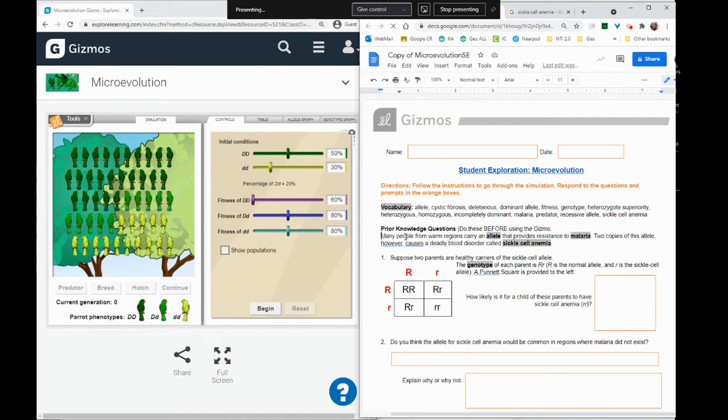And just as a reminder, many people from warm regions carry an allele that provides resistance to malaria. However, 2 copies of this allele causes a deadly blood disorder called sickle cell anemia.